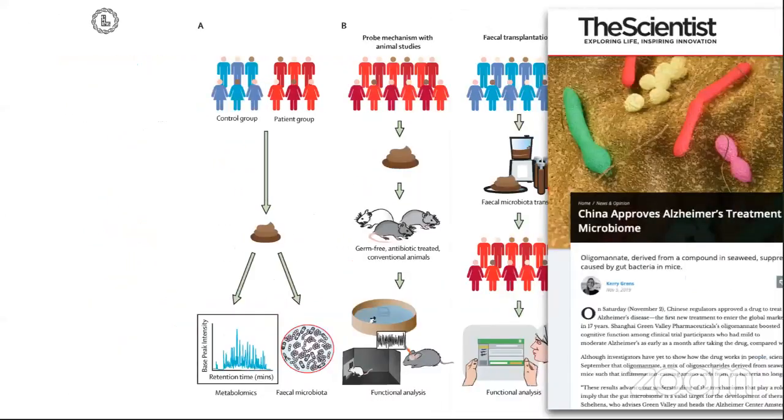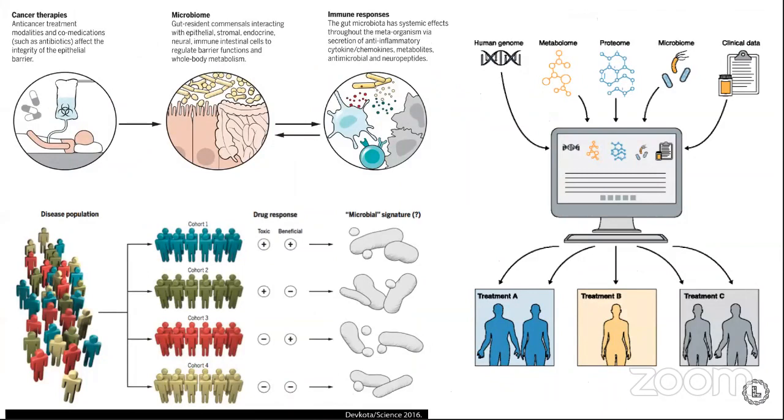Especially in treatment selection, we now know that the microbiome has a specific impact on our ability to process different types of treatments for cancer, and we can even find specific variations in the microbiome that help predict drug response.